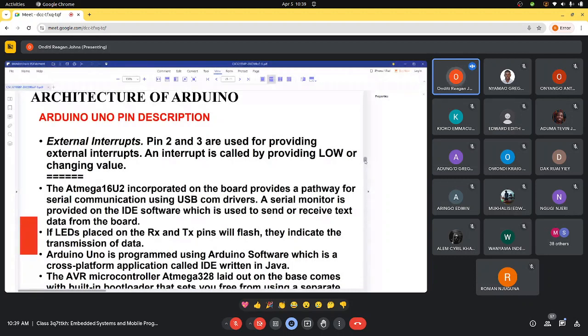As we go through these pins, we should also at least put our hands on Tinkercad and be able to see the behavior of each and every pin on this board. Okay, so I'll pause there. Anybody with a question can ask.